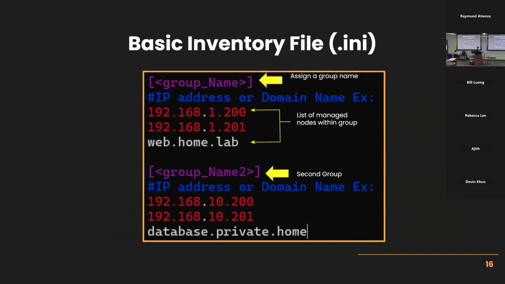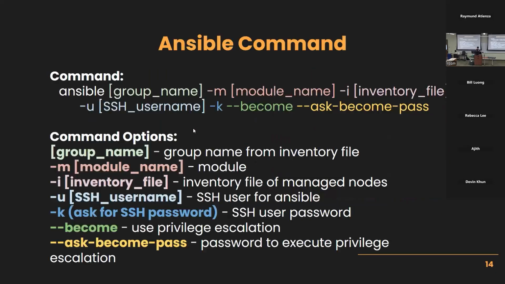With the inventory file, you can see on the very top here is a group name. That is how you want to call these servers. If I go back to the command, this is where you list your group name.